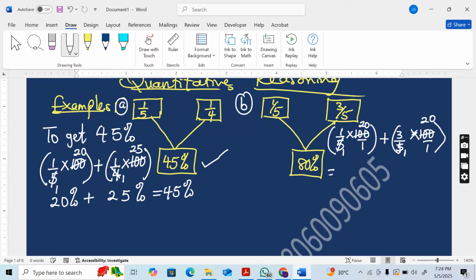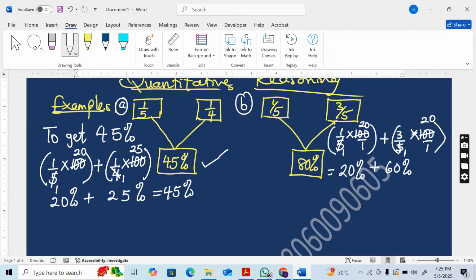So that will be equal to 1 times 20 in the first bracket, that is 20%. Don't forget that I said that when changing a fraction to a percentage, you multiply by 100, all right? Plus, in the second bracket, 3 times 20, that is 60, so that is 60%. We have been able to change the fractions to percentage by multiplying each fraction by 100.